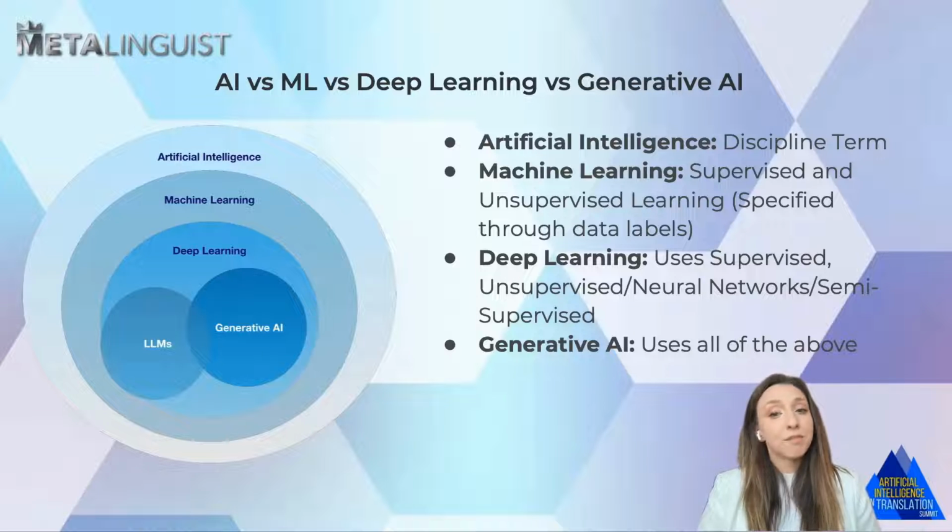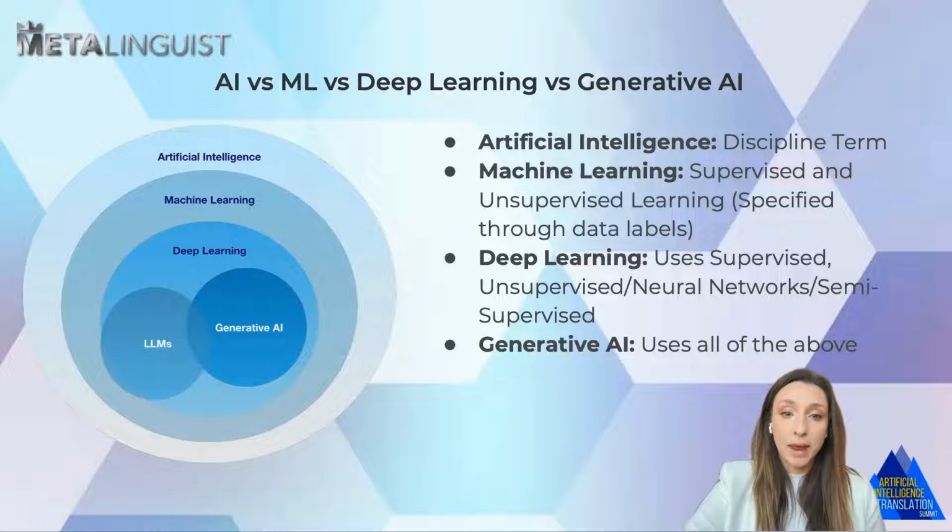Deep learning takes it a step further and uses everything that machine learning uses, but adds on neural networks and another process called semi-supervised learning, which is basically a combination of supervised and unsupervised that allows for more extensive data processing. And then we get to generative AI, which uses all of the above. So basically, generative AI combines and builds on all of the methods used in its previous parent categories.